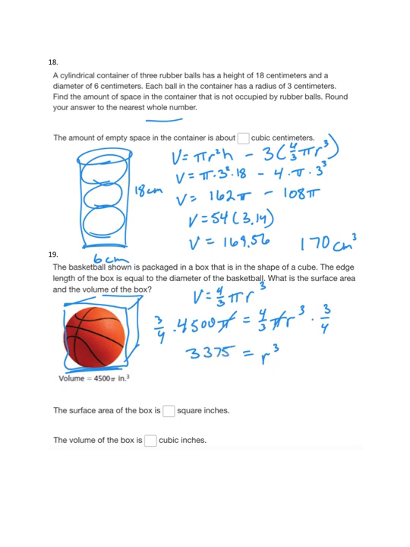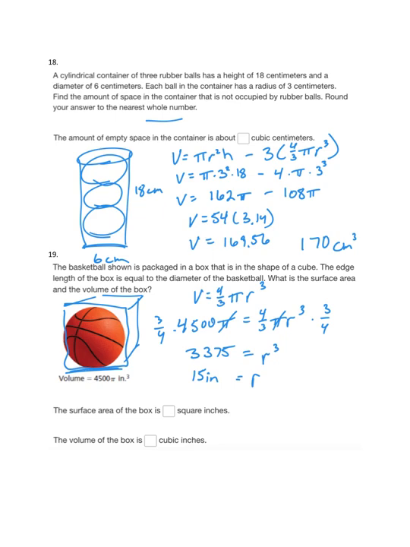I need to take the cube root of that. So again, I'm putting in my calculator 3, second, x root, 3375, and I get that the radius is 15 inches.